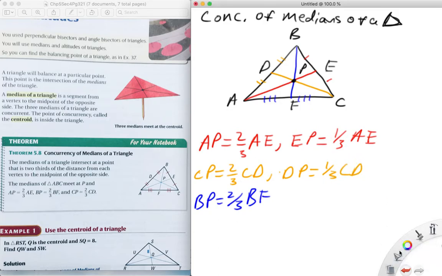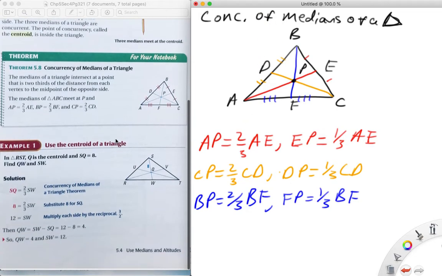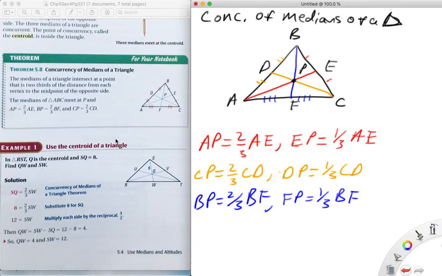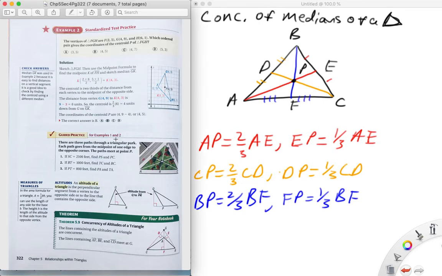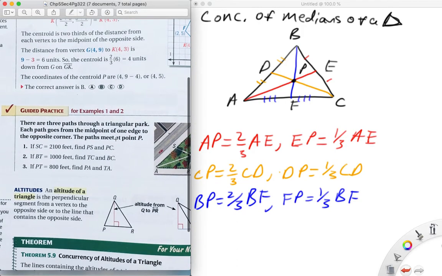And you can say FP is 1/3 the distance of BF. You can also get that from that. Yep. So that's the concurrency of medians of a triangle theorem. So with that, you can do various mathematical stuff, mainly fractionary stuff.